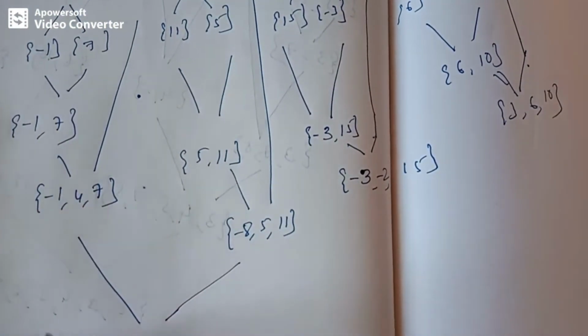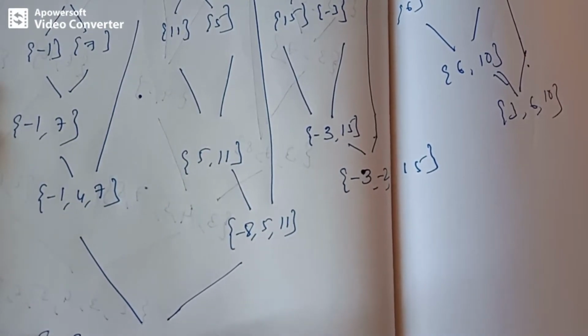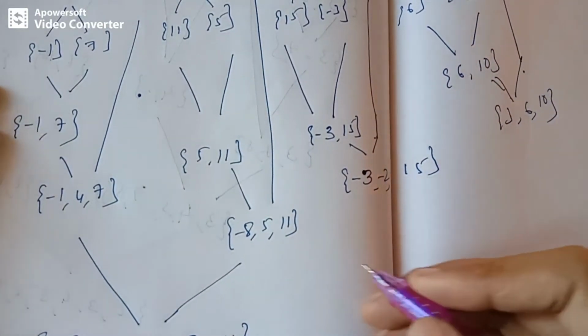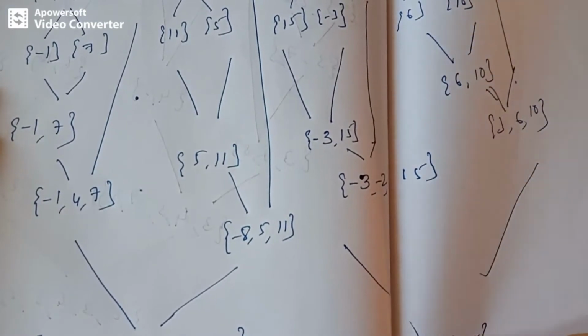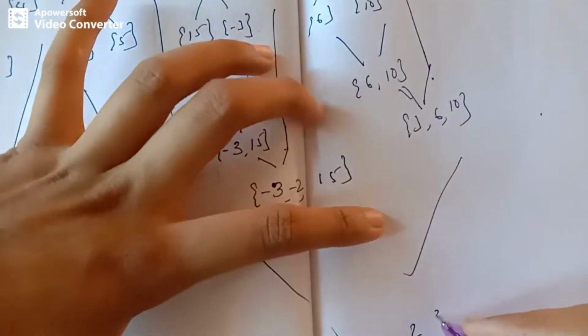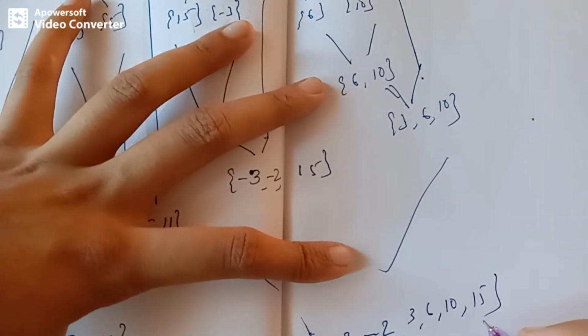Next I am going to group them. So among this: minus 8, minus 1, 4, 5, 7, 11. Then I will be having minus 3, minus 2, 3, 6, 10 and 15.